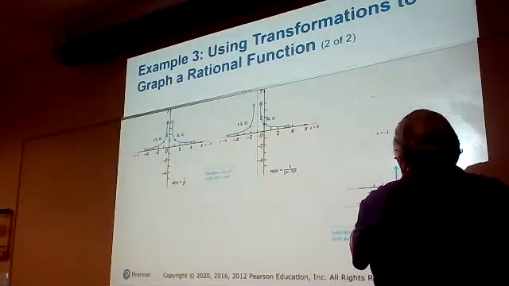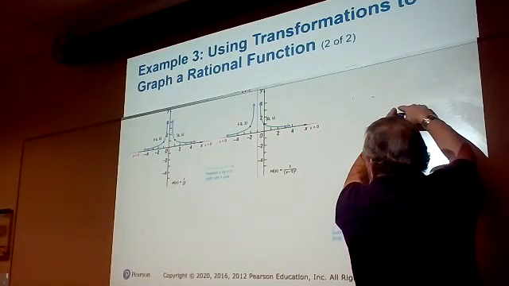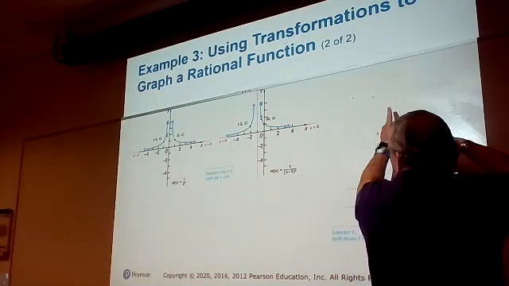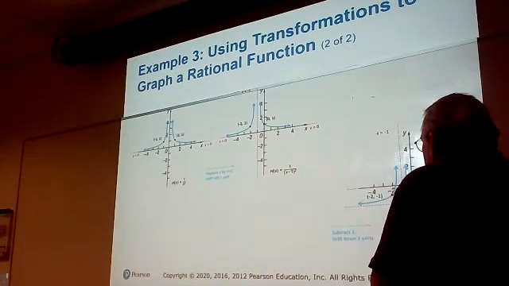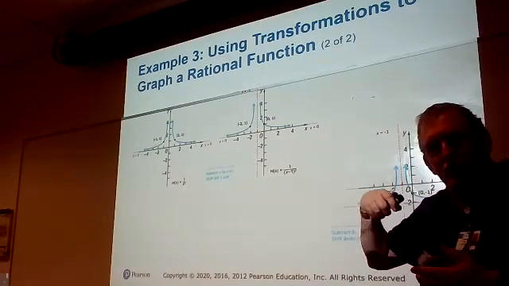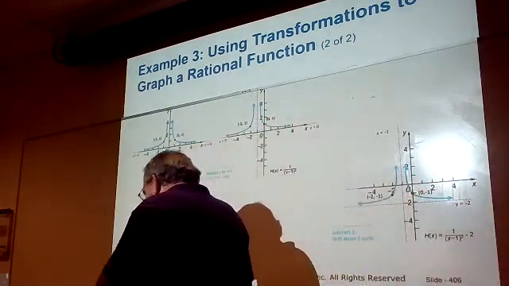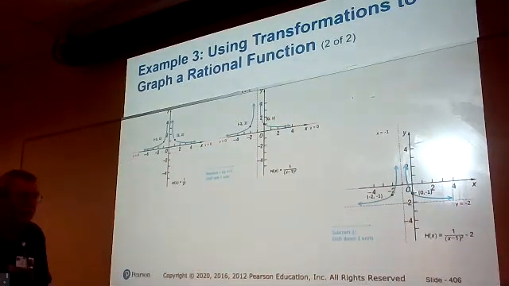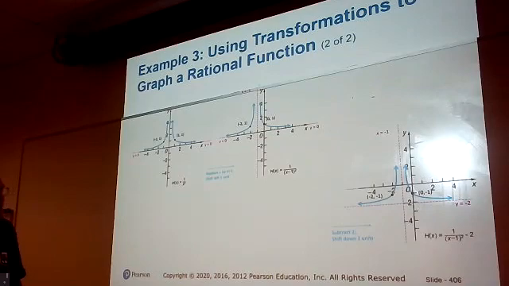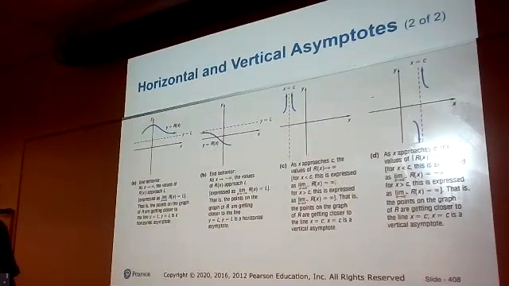As x approaches -1, the graph approaches positive infinity on either side. Now, sometimes it'll approach negative infinity and positive infinity on opposite sides. But that would still make it a vertical asymptote. So these are the situations that can occur.